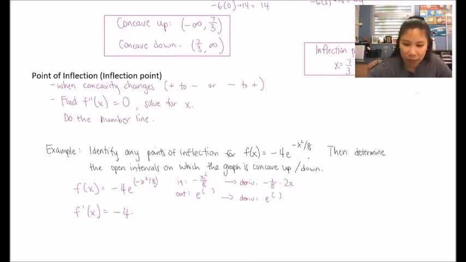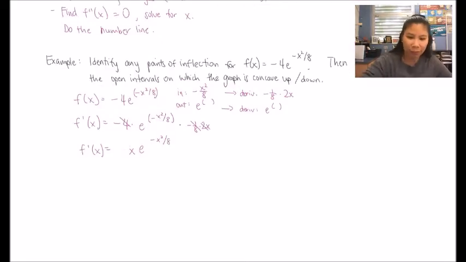So derivative of the outside times the derivative of the inside is going to be e to that stuff, -x²/8, times the derivative of the inside, which is negative 1/8 times 2x. Simplifying this out, all the constants cancel out because they multiply to 1, and I'm left with x e to the negative x squared over 8. Just kidding, it's positive because we had a negative times a negative.